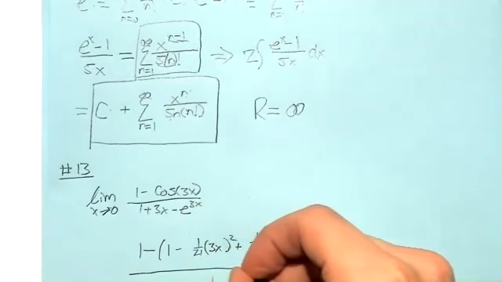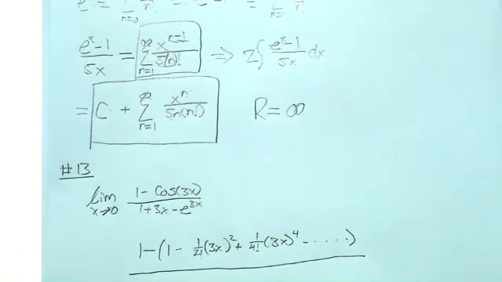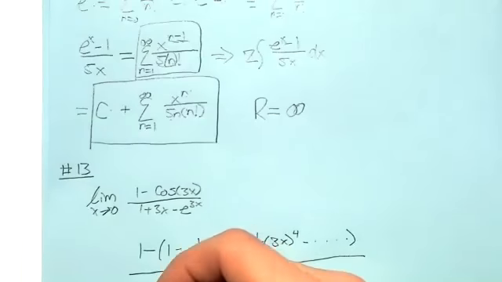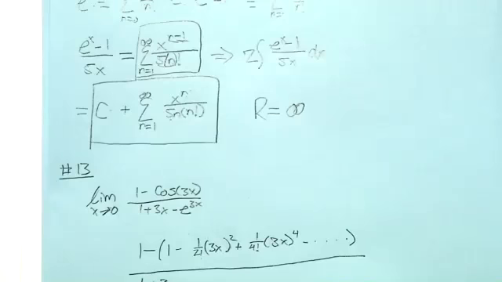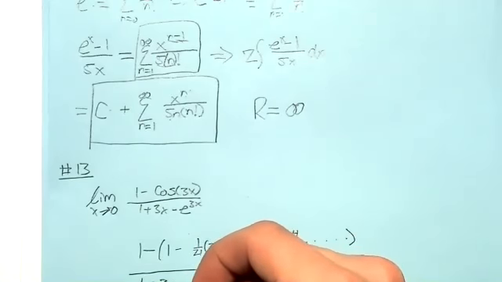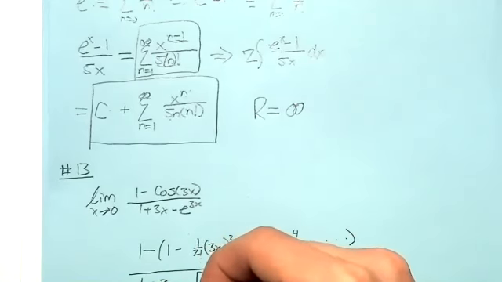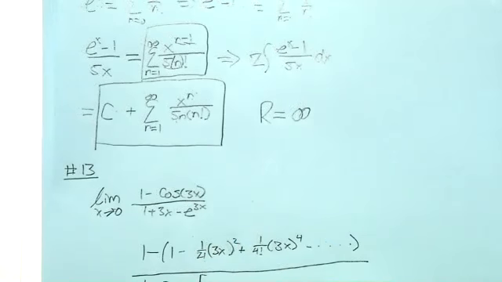Thinking about our bottom, we have kind of the same exact thing. This 1 plus 3x we're going to leave alone because we don't know any power series that we can really use. But now we have this minus e to the 3x. Let's get rid of that minus right away. We have minus, then a quantity, and then e to the x, same exact thing, now it's e to the 3x.